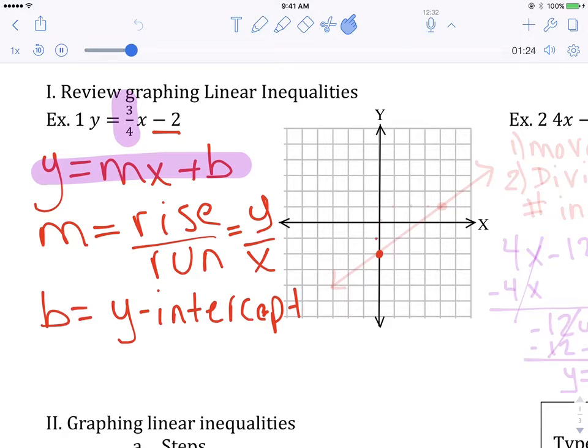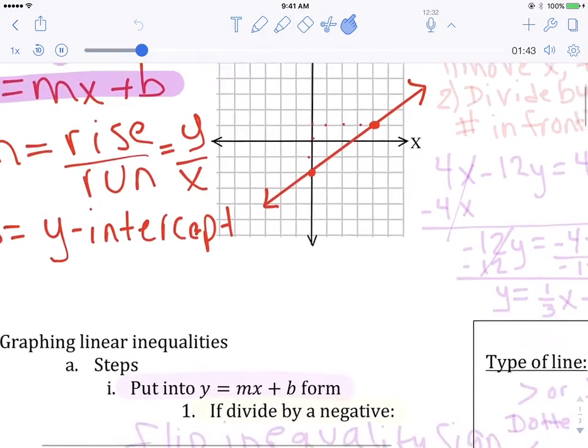So we're going to move 1, 2, 3 in the y direction, 1, 2, 3, 4 in the x direction. We're going to plot that point. Now we're going to connect that line. And there is the graph of our line, y equals 3/4 x minus 2.